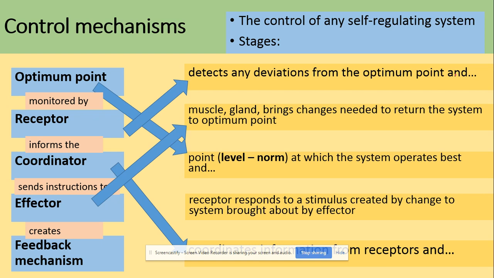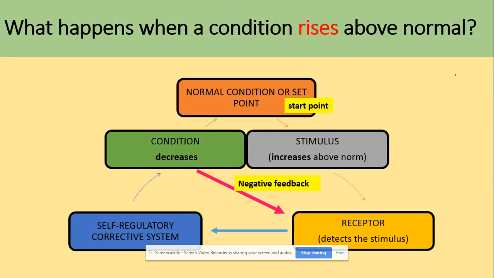This then creates the feedback mechanism, so the receptor responds to a stimulus created by a change to the system brought about by the effector. So what happens when conditions increase above the norm? Starting from the normal conditions, the stimulus is detected by the receptor.